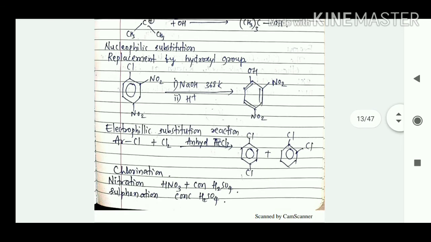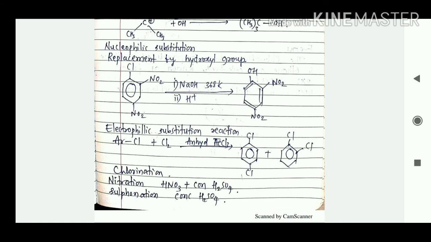Then we have the electrophilic substitution reactions. Here is chlorobenzene, plus Cl2 in presence of anhydrous AlCl3. Here we are going to get ortho-dichloro and para-dichloro compounds.